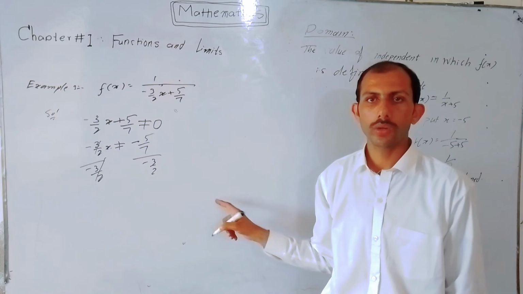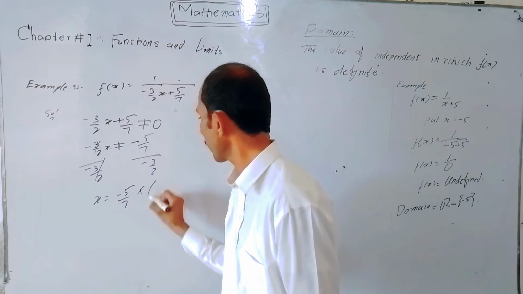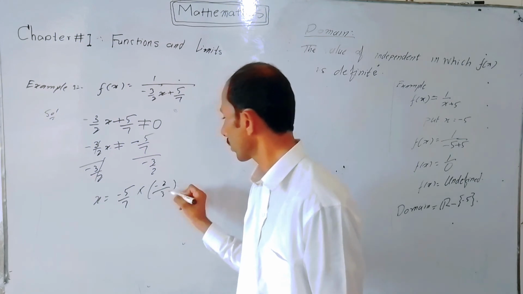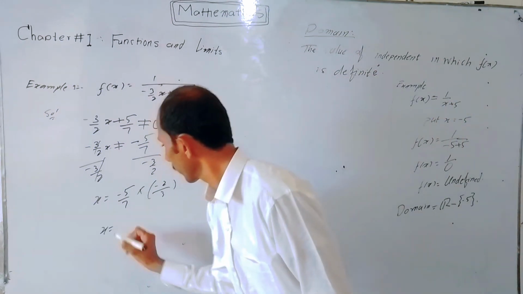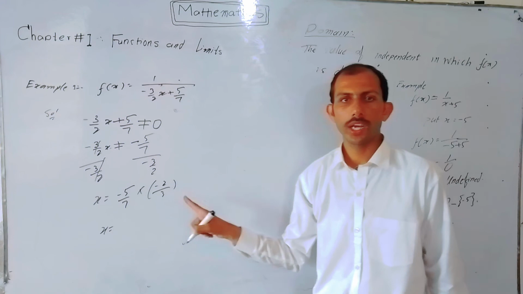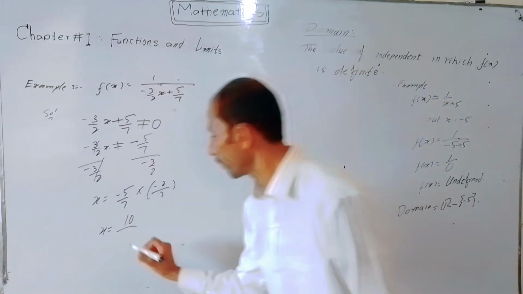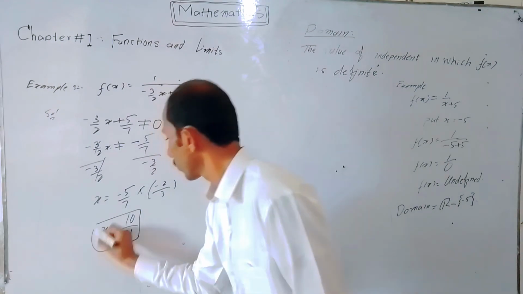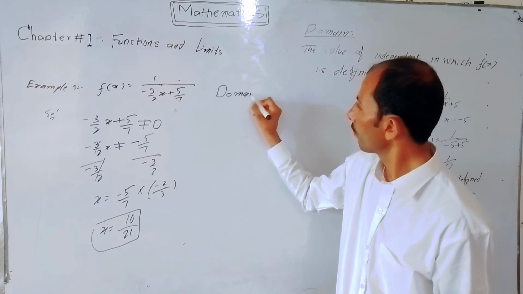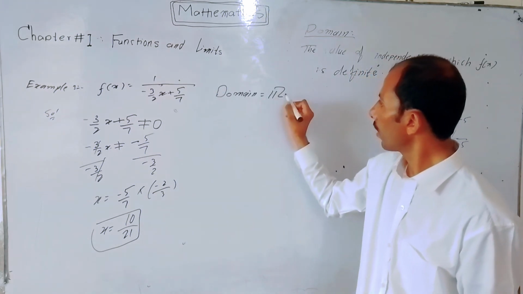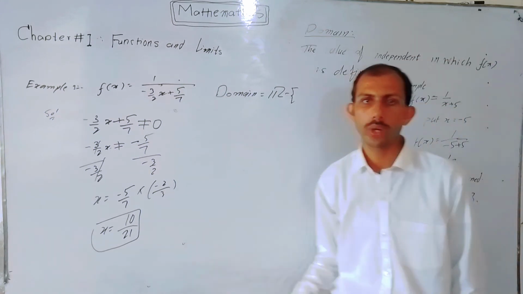So x is equal to minus 5 over 7 multiplied by minus 2 over 3. x is equal to minus times minus is plus, 5 times 2 is 10, divided by 7 times 3 is 21. So the domain is equal to all real numbers other than 10 divided by 21.